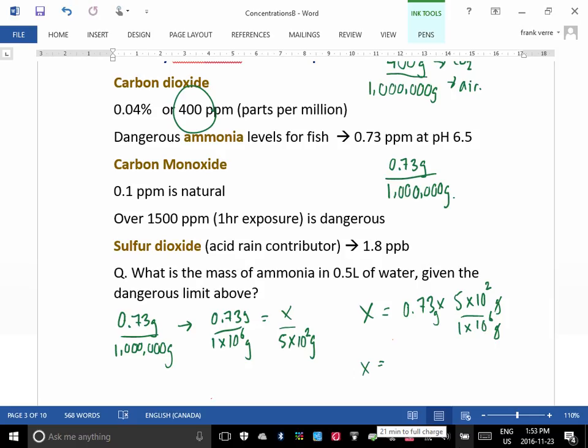Zero point what? Should be 0.00036 something. Is it about 0.00036? Yeah, which is the same as 3.6 times 10 to the negative 4.